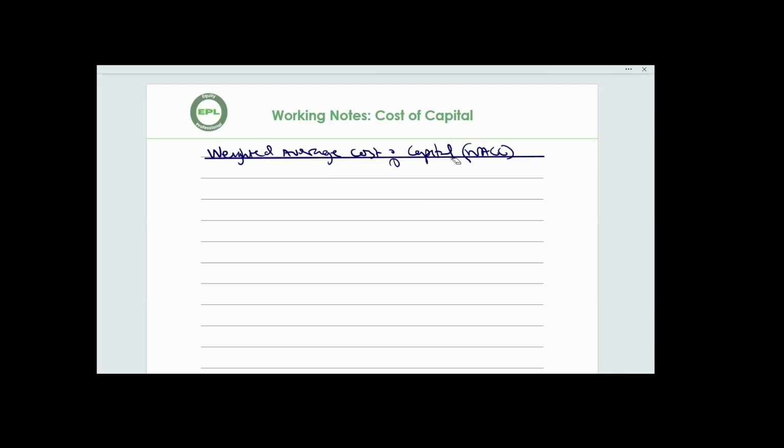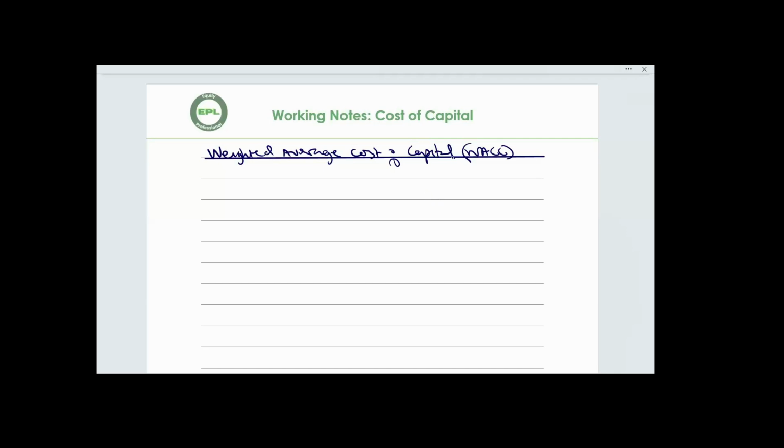From day 1 for this topic, this is going to be the 4th class on cost of capital. So we have completed discussion on cost of equity, cost of preference share, and last week we dissected cost of debt, including cost of convertible securities.